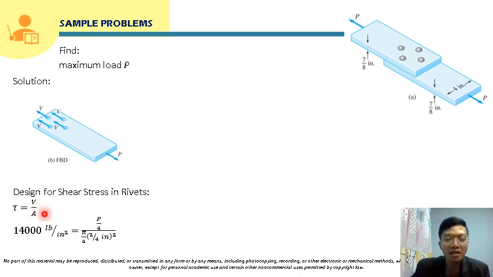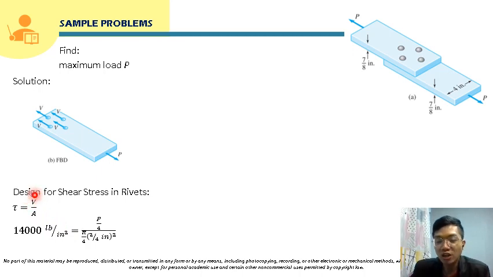The given allowable stress for shear at the rivets is 14 kSI, which will be equal to 14,000 PSI, or pounds per inch squared. So this will be equal to the shear force.